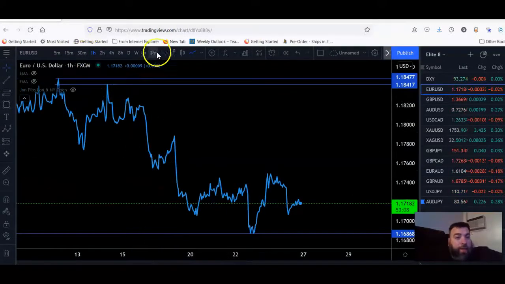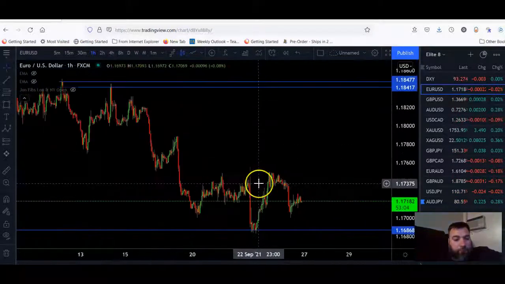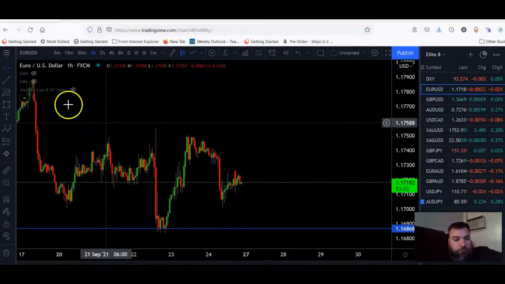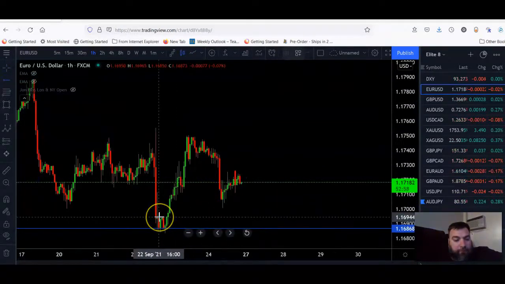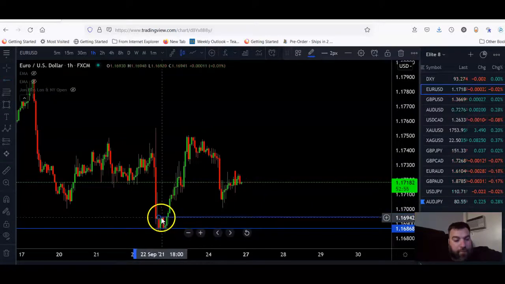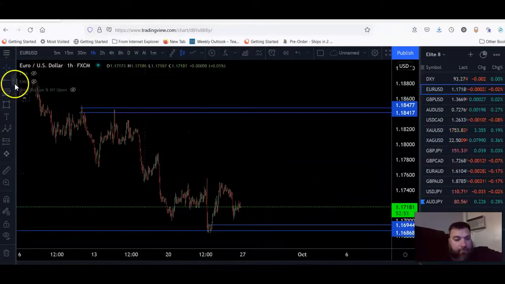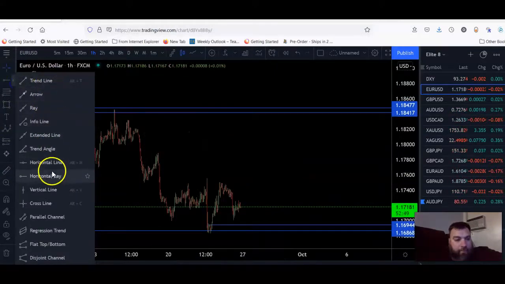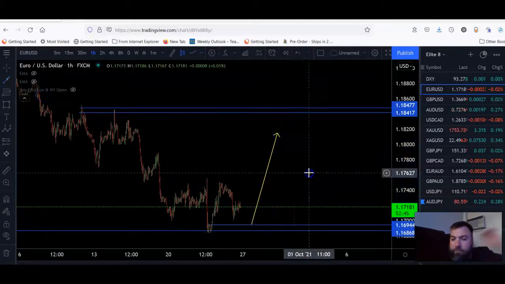So my idea is for price to come back down here to this candlestick right here, this red one, and go up.